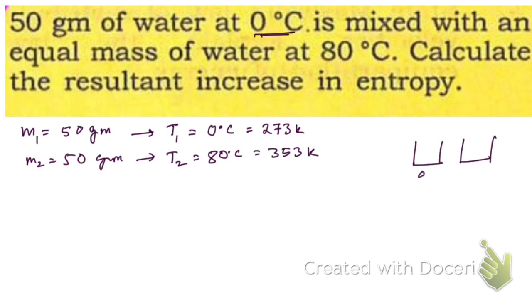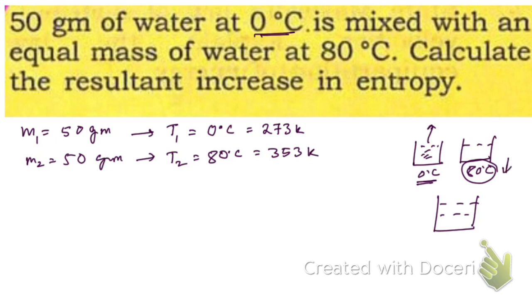One cup is at 0 degrees, another is at 80 degrees Celsius, and the water in both cups is mixed in another cup. Then the temperature of the water at 0 degrees will be raised, and the temperature of the water at 80 degrees after mixing will be dropped, right?